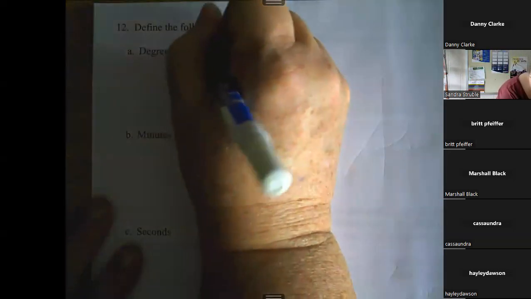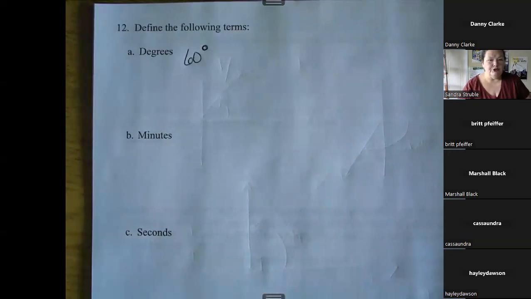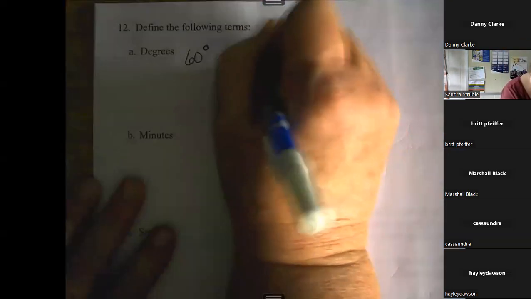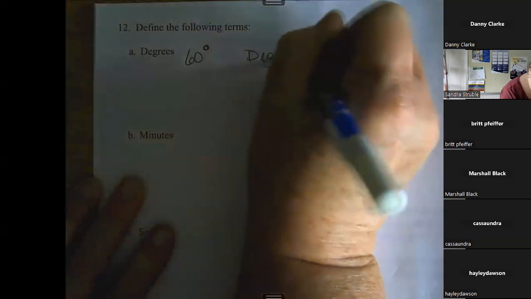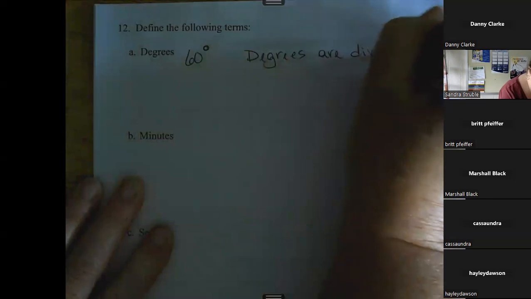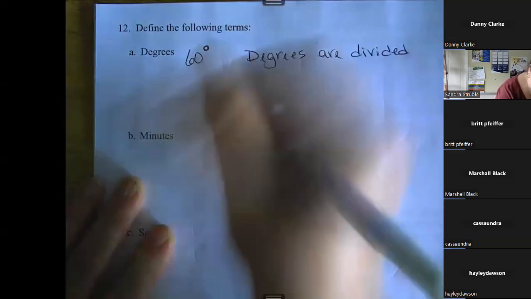So the symbol for it is the cute little circle up here. All right, but you would say something like 60 degrees. The cute little circle is your degrees. And degrees are divided into 60 minutes.